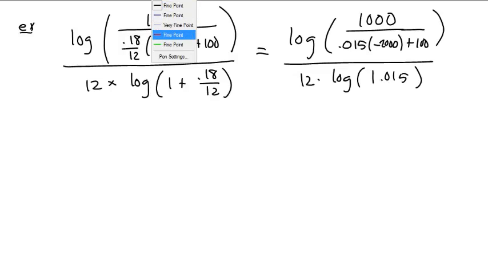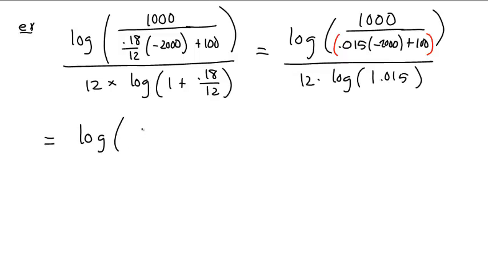Don't forget, inside this other parenthesis, we have a fraction. There are invisible parentheses down there. We have to figure out the entire denominator before we can divide. So we have the log of 1,000 over, and we can do that in one go.